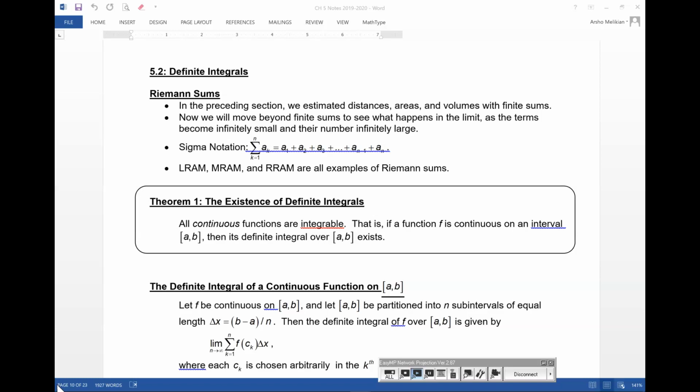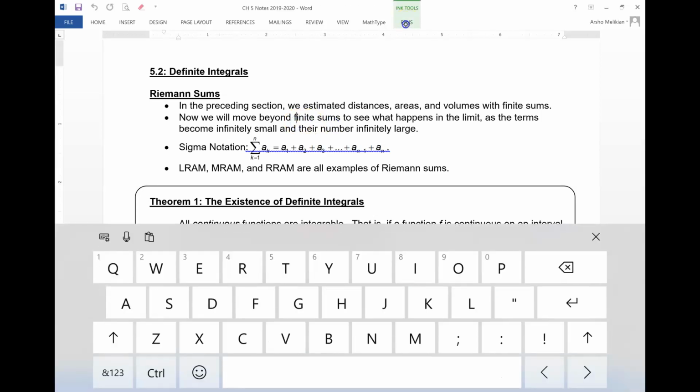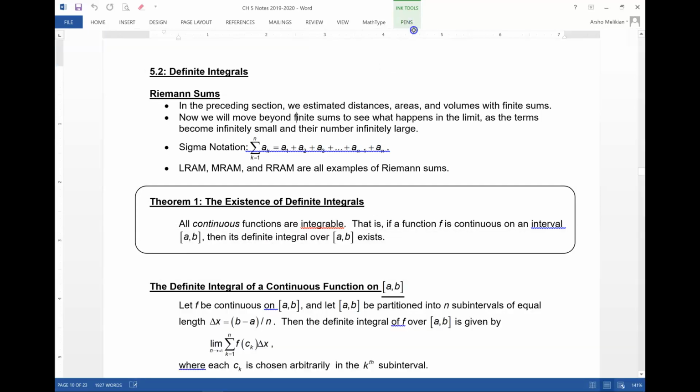And we said that the approximation gets more and more accurate as the number of rectangles or trapezoids increases to infinity. So what we were doing was still finite sums.